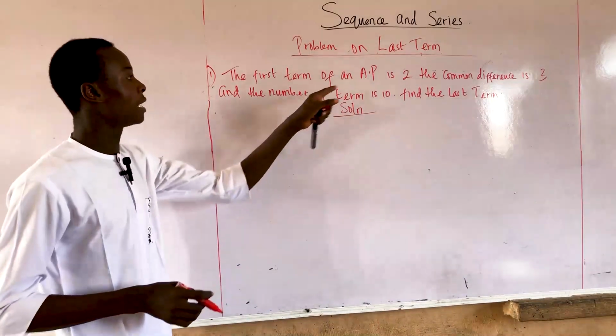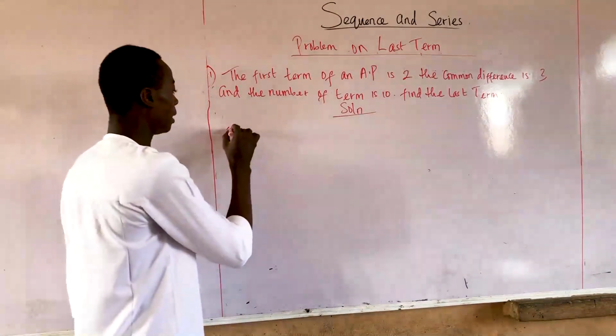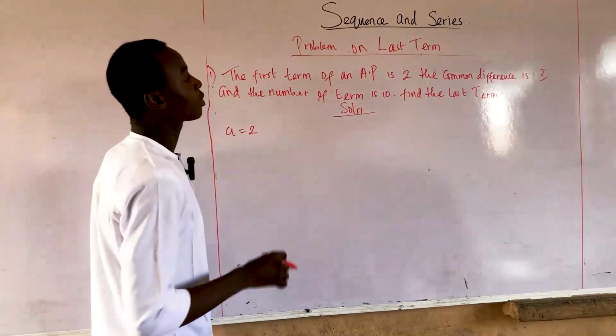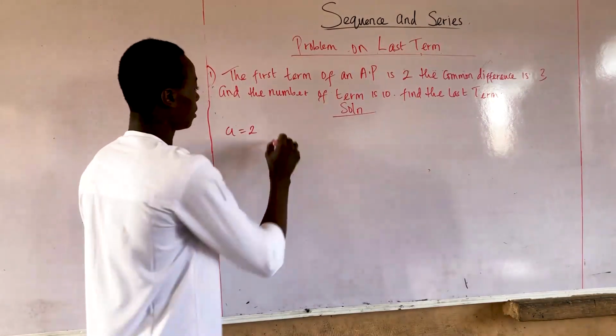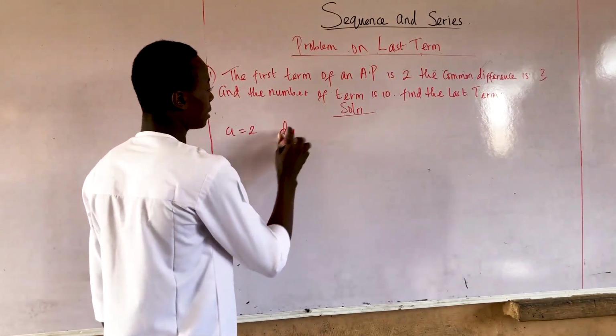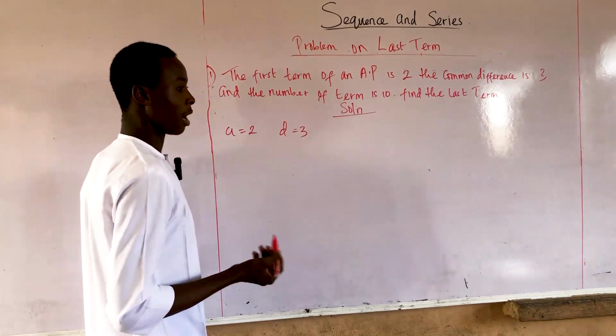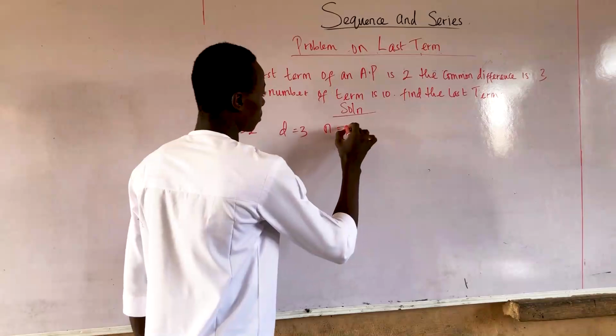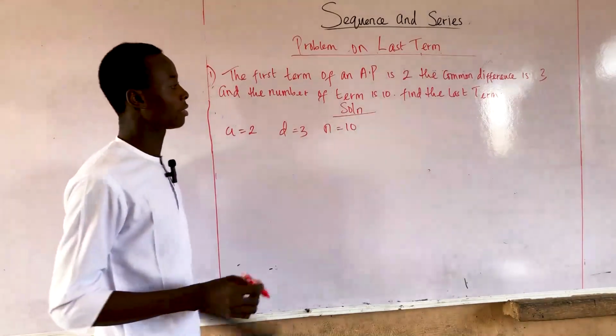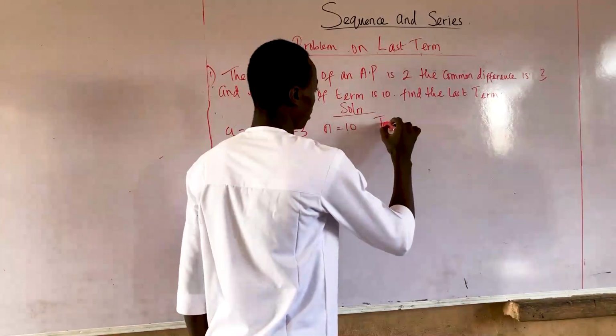The first term of an AP is 2. Therefore, our A is 2, right? The common difference is 3, so our D is 3. And the number of terms is 10. Our n is the number of terms, right? n equals 10. Find the last term.